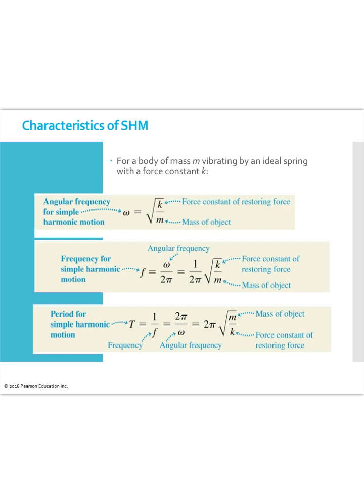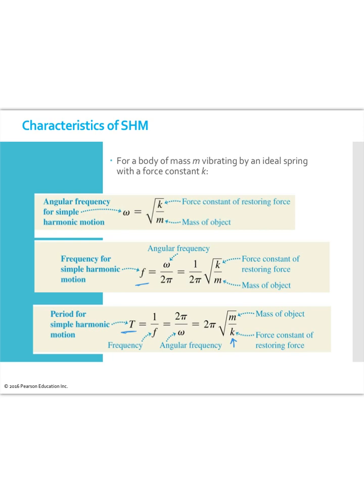Because omega is related to the force constant and the mass of the object, and also because regular frequency is related to the angular frequency, we can also express frequency and period in terms of the mass on the spring and the restoring force, or the spring constant. So these are other relationships.